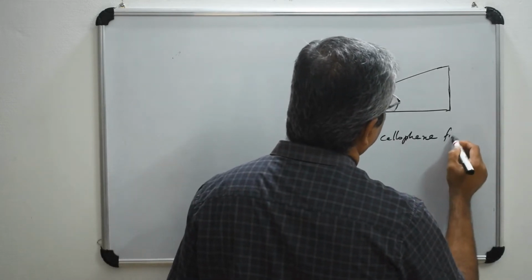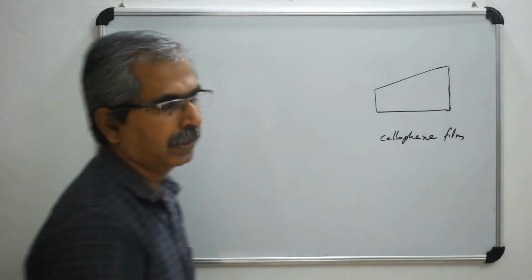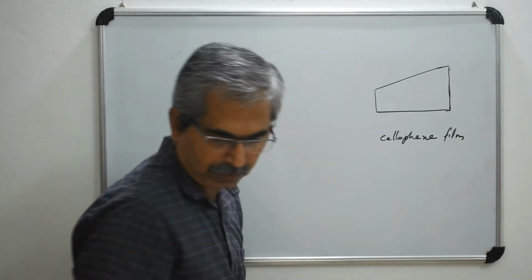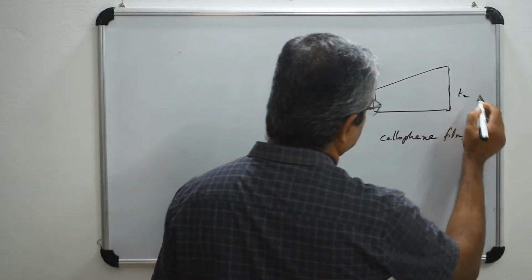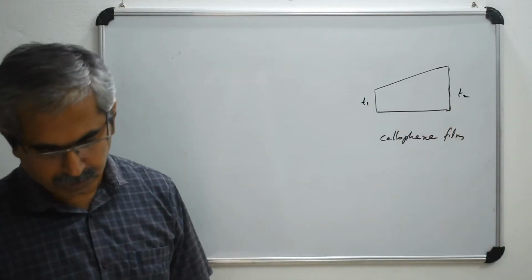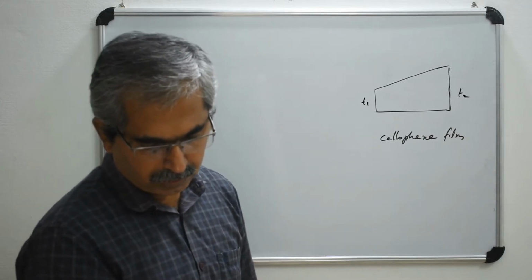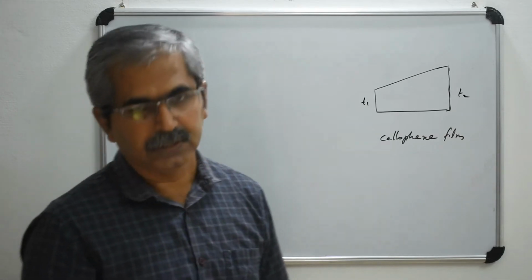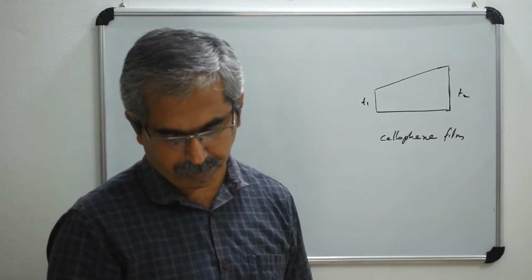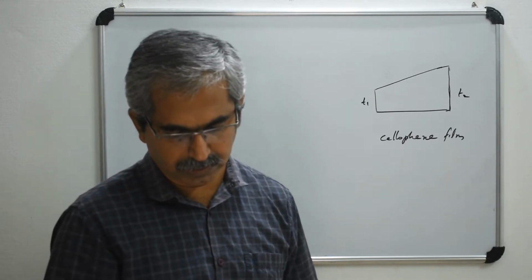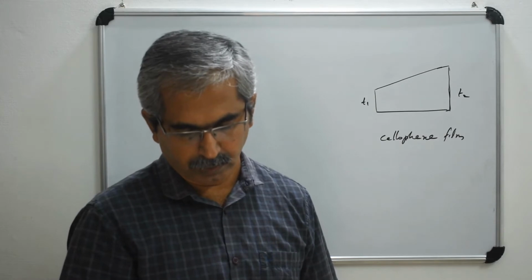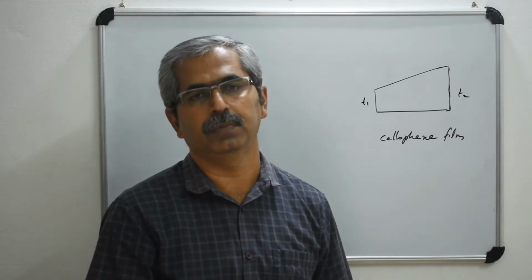Now the thicknesses are taken as T1 and T2. This is T1 and this is T2. Now, if the number of fringes seen on the film by light of wavelength 6000 Angstrom unit is 10, find the value of T2 minus T1.